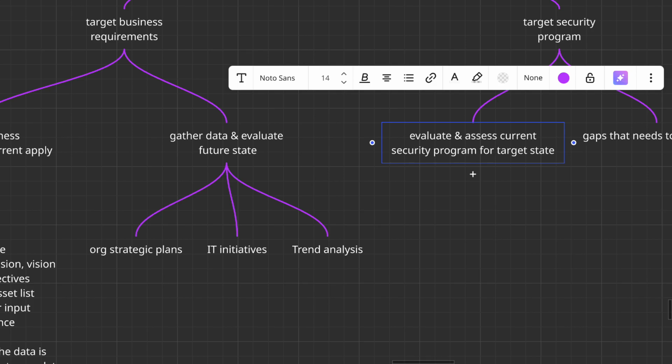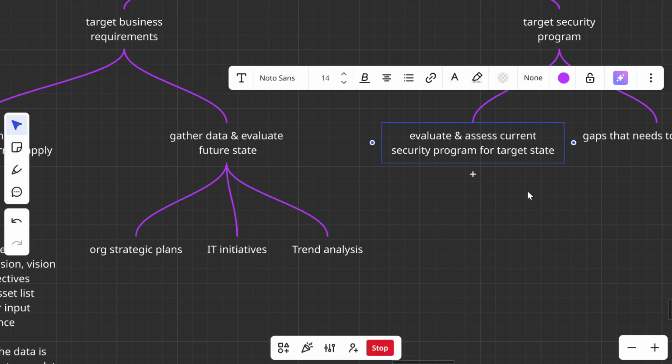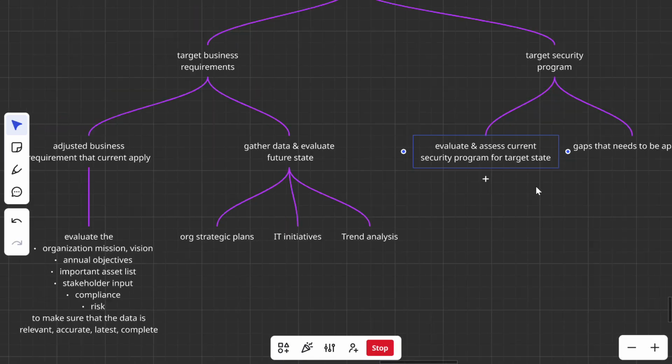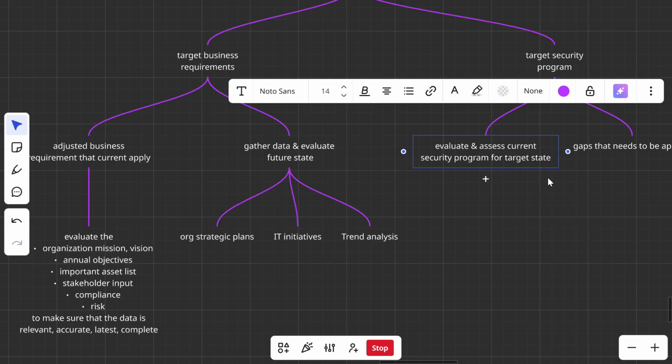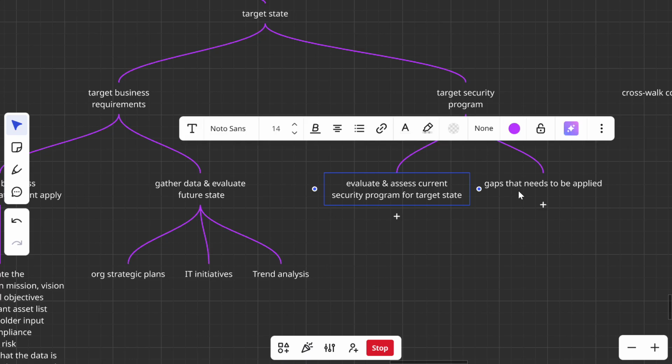Is it able to do that? And if the current security program is not able to address the requirements, how can we change it to be able to address it? So it's about evaluation and assessment. We are looking at the current security program. All right, what can address the requirements and what cannot, what are the gaps, and what should be done to do that.